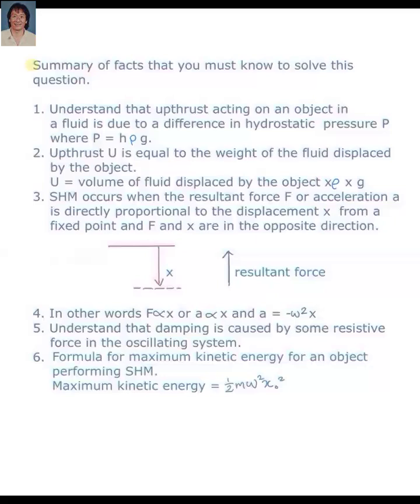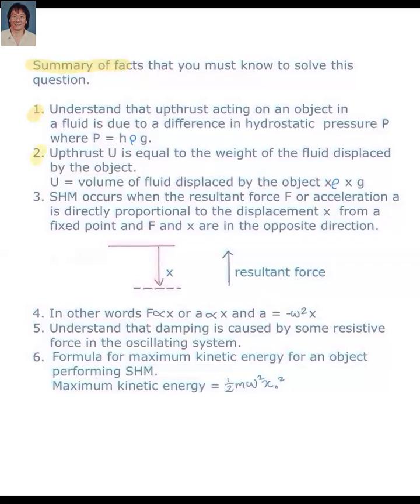This is a summary of the facts that you must know to solve this question. Number 1, you must understand that upthrust acting on an object in a liquid or in a fluid is due to the difference in hydrostatic pressure P, where P is equal to h rho g, where h is the height, rho is the density of the liquid or the fluid, and g is the acceleration due to gravity or the gravitational field strength.